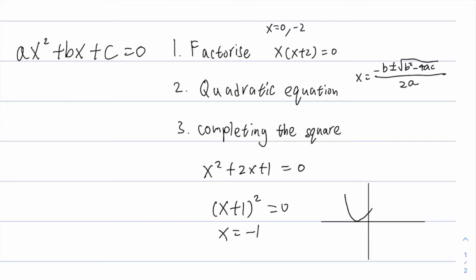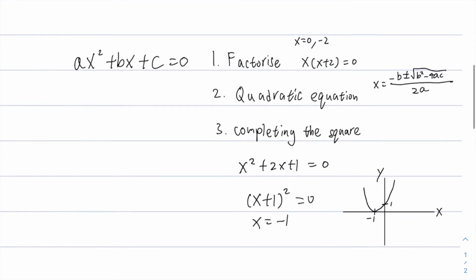Okay, this will be 1, and this will be -1, x coordinate, y coordinate. So that would be the intersection point.